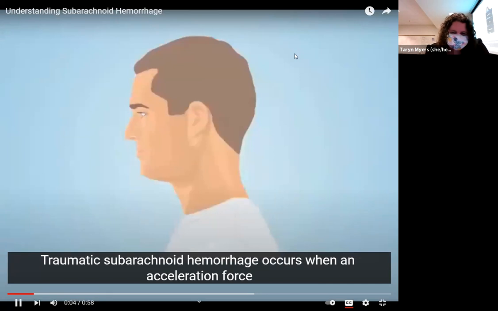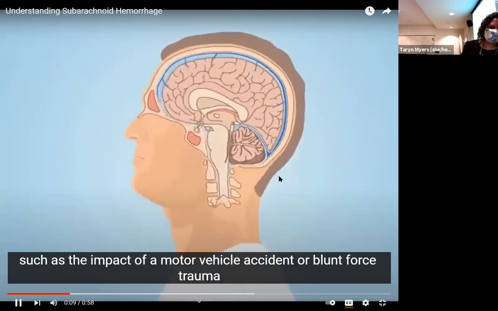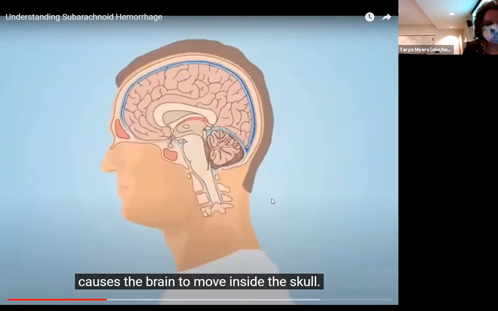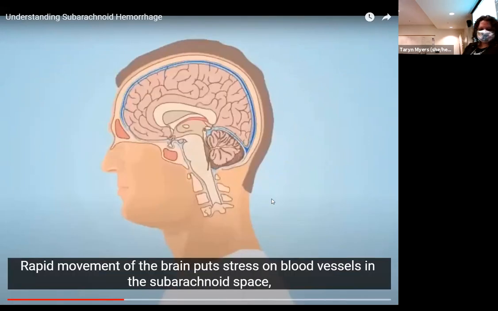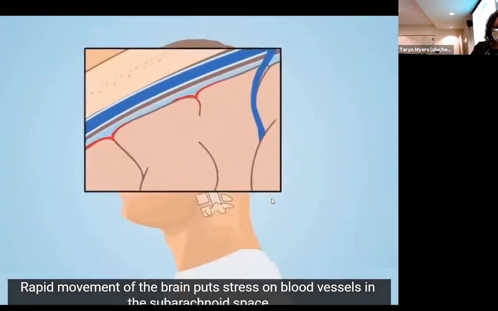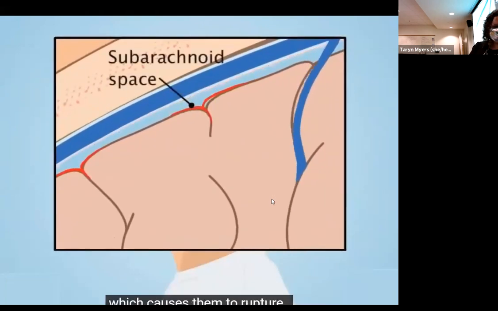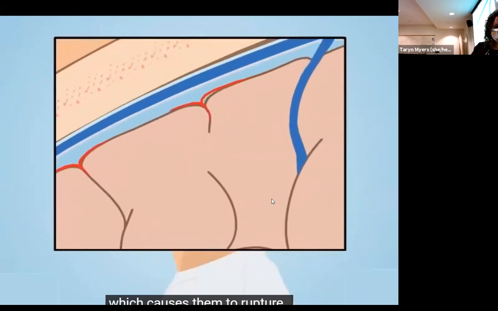Traumatic subarachnoid hemorrhage occurs when an acceleration force, such as the impact of a motor vehicle accident or blunt force trauma, causes the brain to move inside the skull. Rapid movement of the brain puts stress on blood vessels in the subarachnoid space, which causes them to rupture.